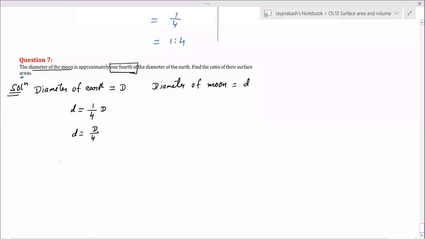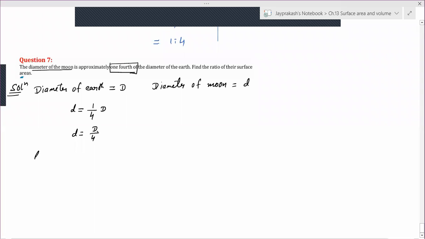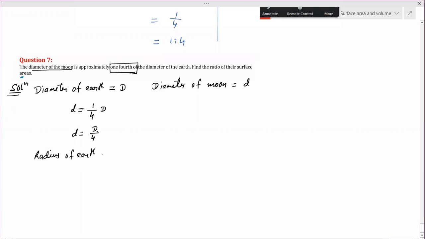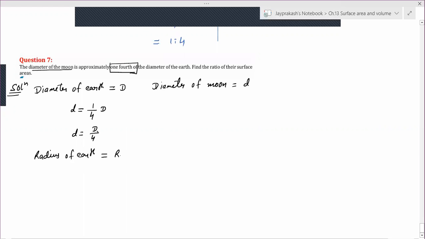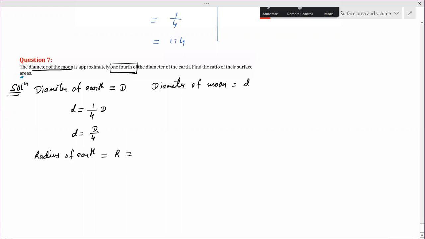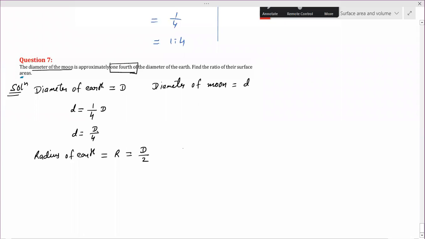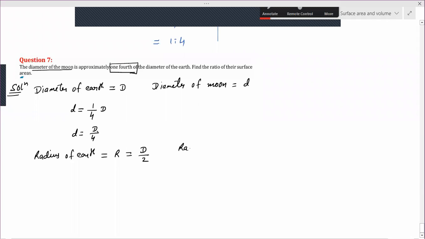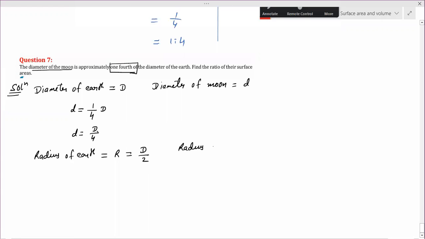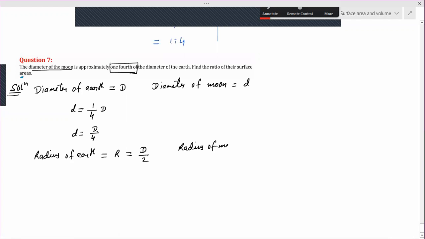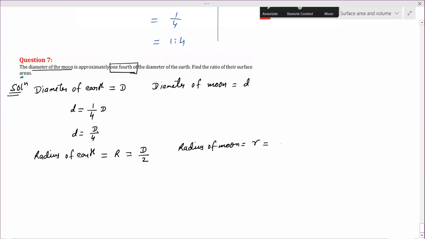So let's calculate the radius of earth. Now we are considering that radius of earth is capital R. So capital R can be written as capital D by 2, and the radius of moon is a small r, that is small d by 2.